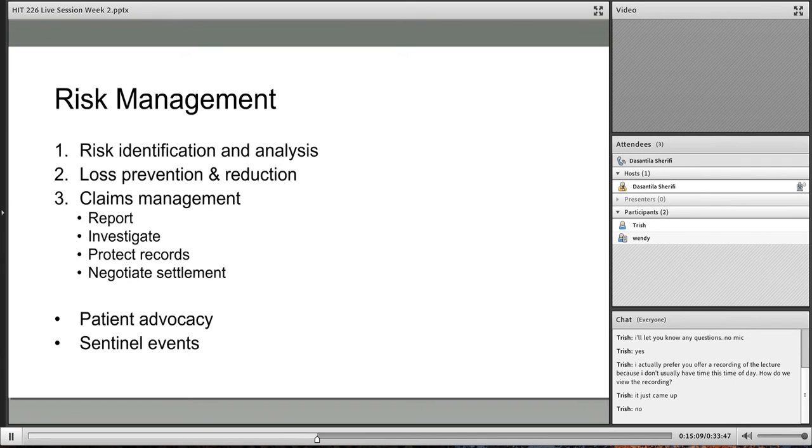Even such cases are reported because the idea is not to penalize the nurse or whoever had that error happen, but to make sure that we are identifying potential pitfalls and coming up with better processes to improve them. That's the idea of that.